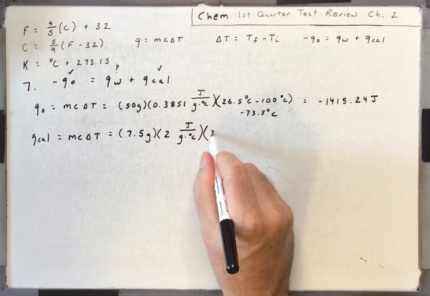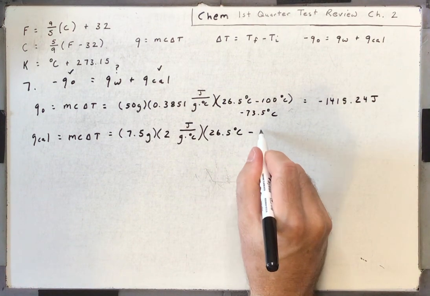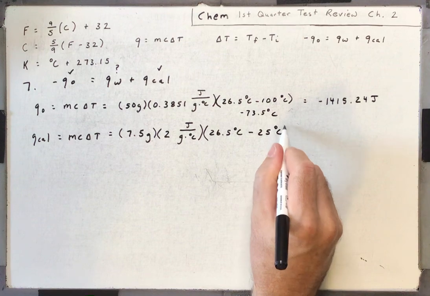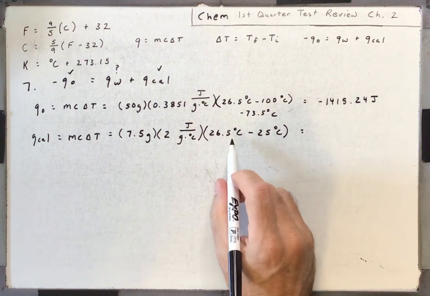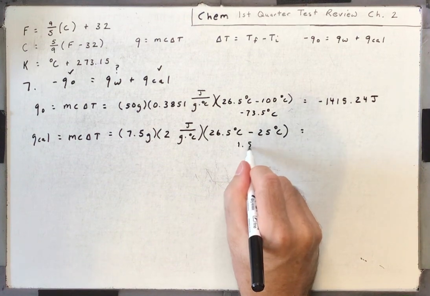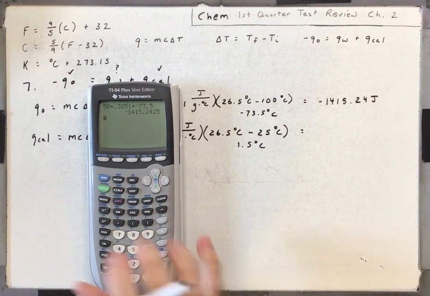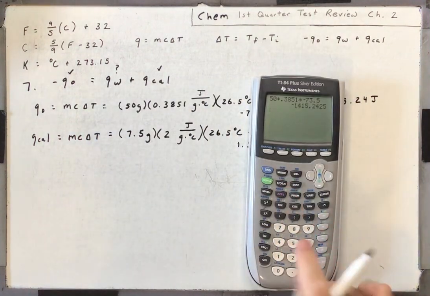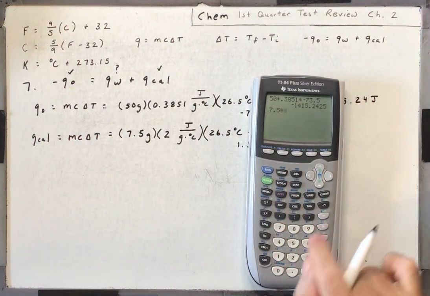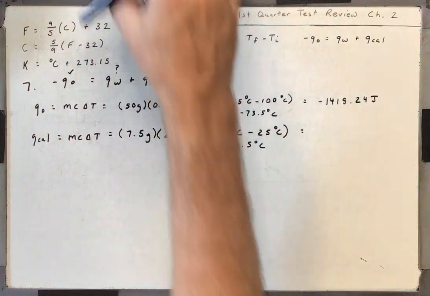And then it went from 25 degrees Celsius to 26.5 degrees Celsius. So the calorimeter, just like the water, raised up 1.5 degrees. So that's going to be 7.5 times 2 times 1.5, which should be 22.5. Yep, 22.5 joules.